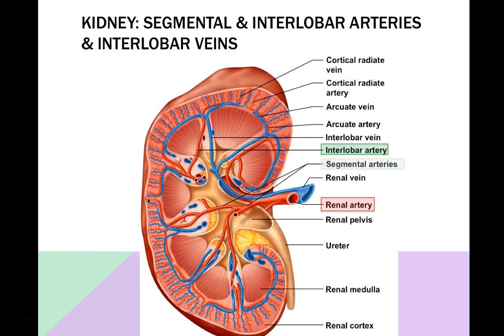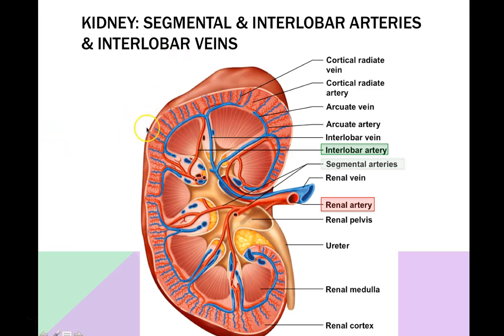The blood will then move through the efferent arteriole into a capillary system. And the capillary system can be your peritubular capillaries or the vasa recta, and we'll talk about the difference in class.